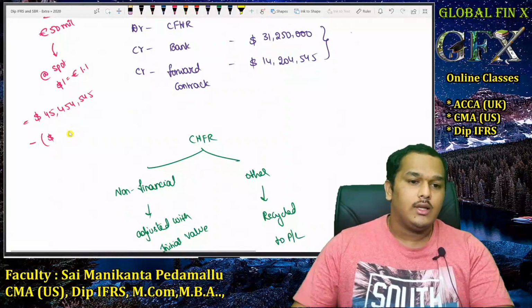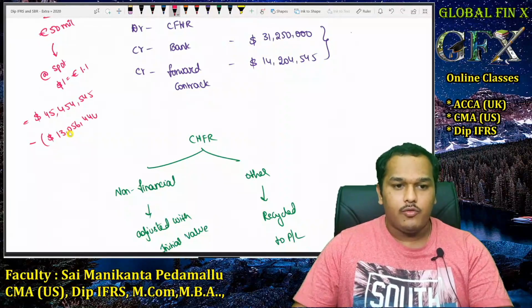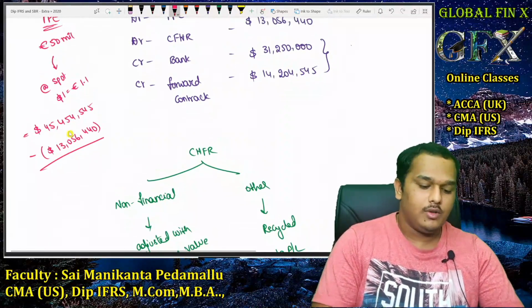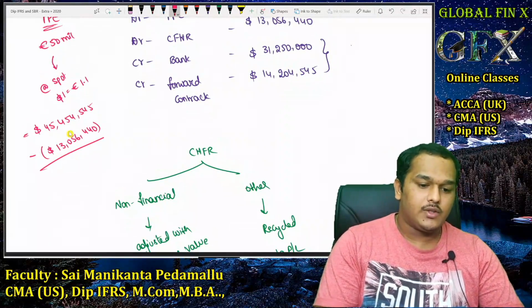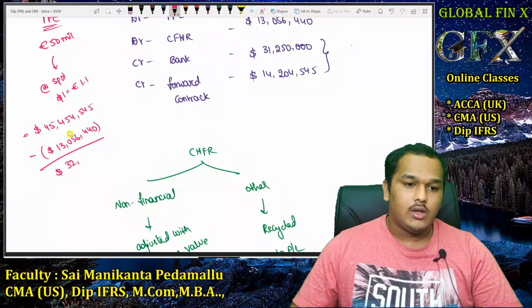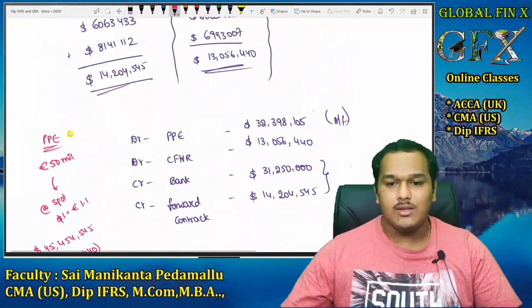13,056,440. Check the total. 45,454,545 minus 13,056,440 is equal to $32,398,105, which is exactly equal to this balancing figure.